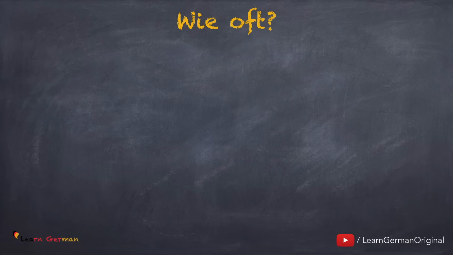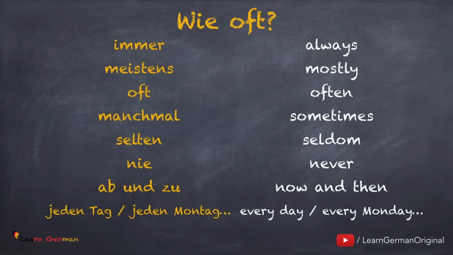It could be immer. It could be meistens, oft, manchmal, selten, nie, ab und zu, jeden Tag, jeden Montag, jede Woche, etc.